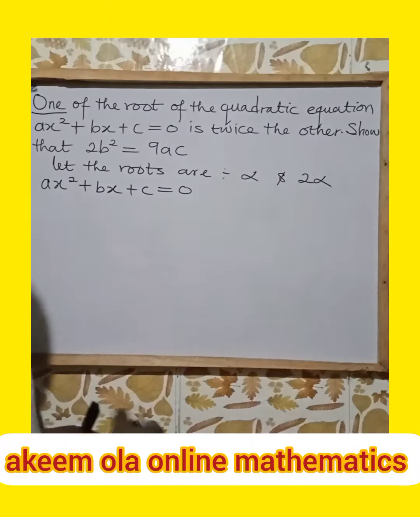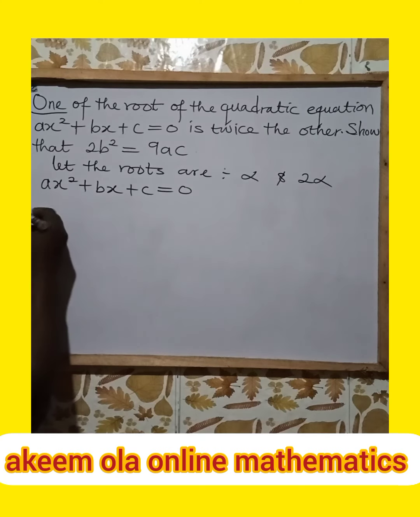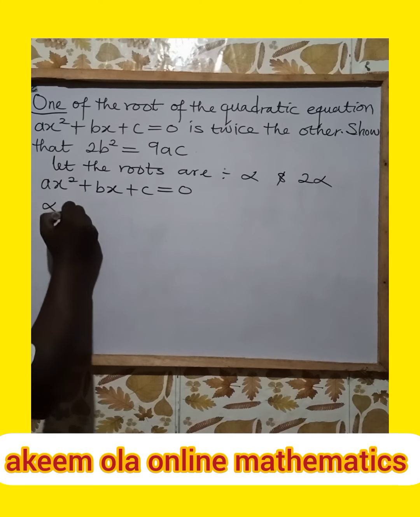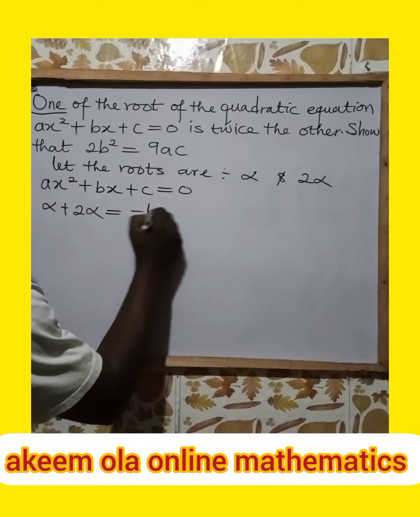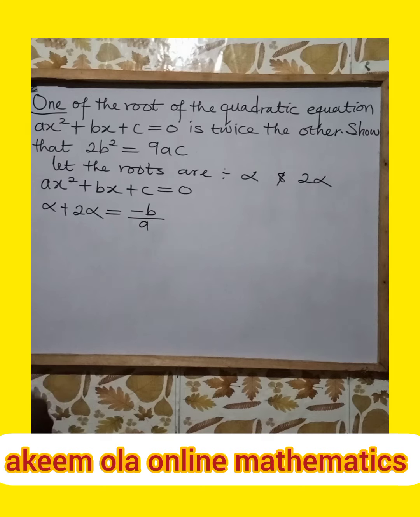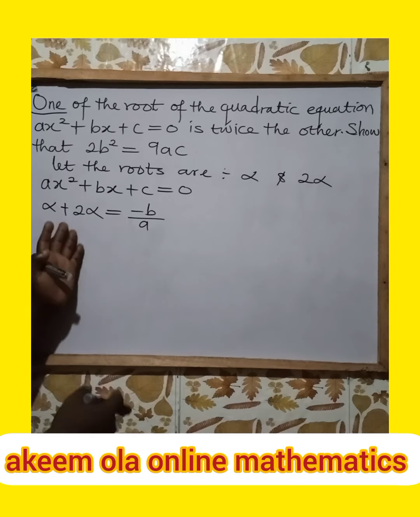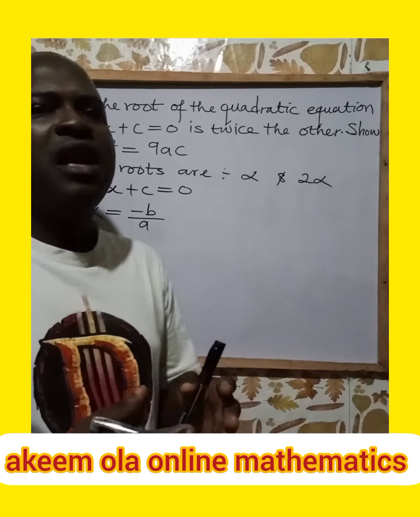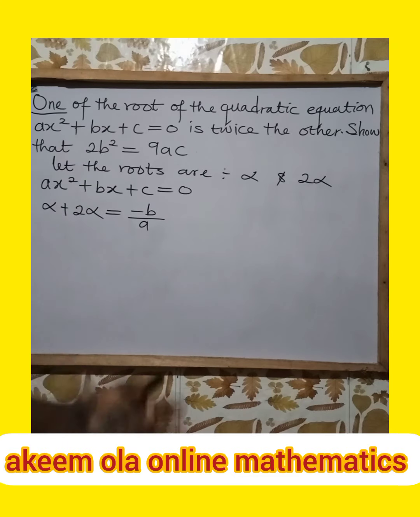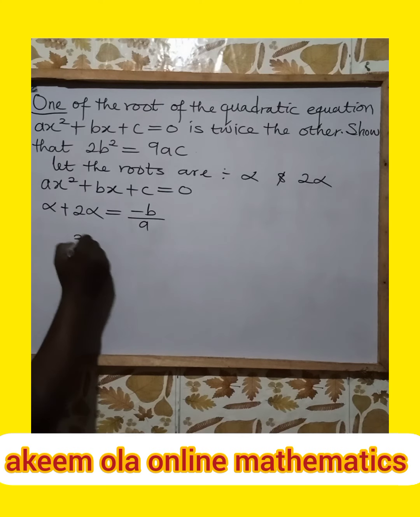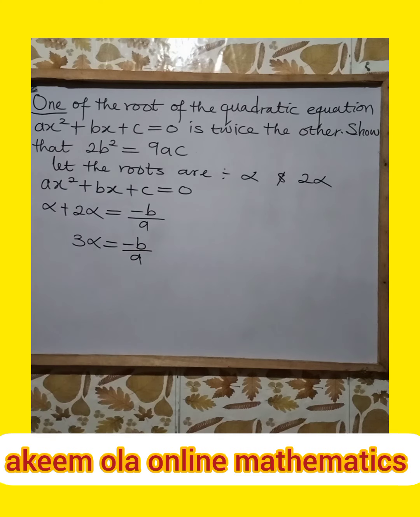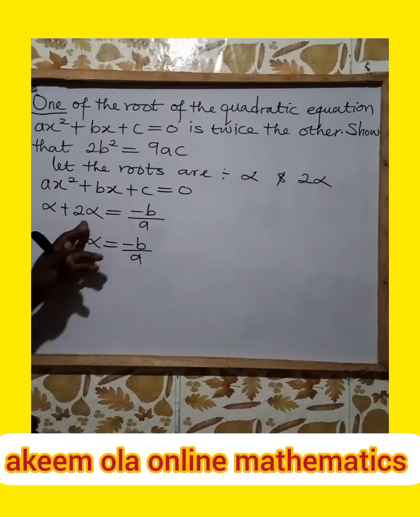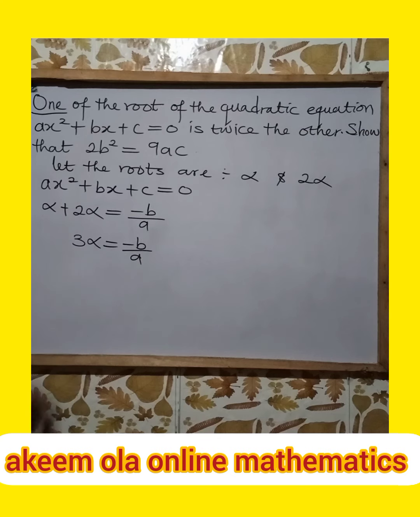Now, we are going to have the sum of the roots. The sum of the roots will of course be alpha plus 2 alpha, and that will be equal to minus b all over a. On the left hand side, we can add these two together, so we are going to have 3 alpha is equal to minus b all over a, because alpha plus 2 alpha will surely give us 3 alpha.